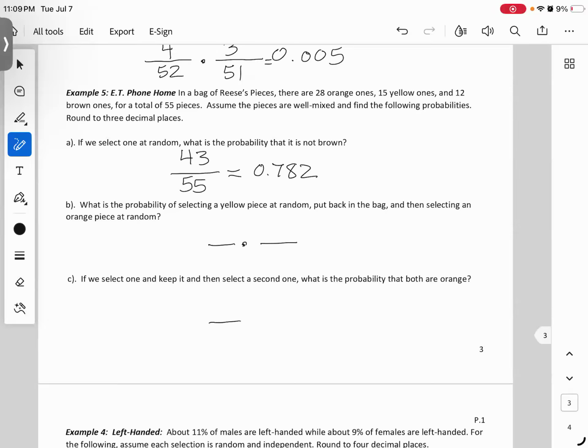And then also maybe try, pausing the video, this last one where they want to pick an orange and then another orange one, but they keep it. They don't put it back. How would that affect the numbers in the second probability? All right, so I'm gonna let you just pause the video. I'll be quiet for a little bit and then we'll do this one.